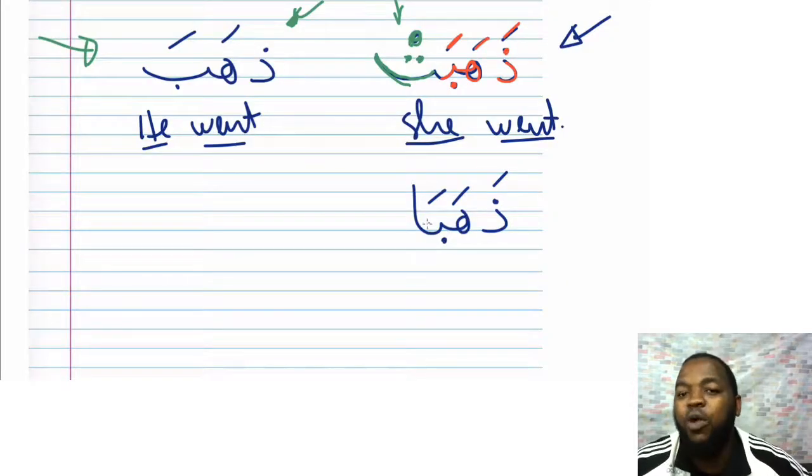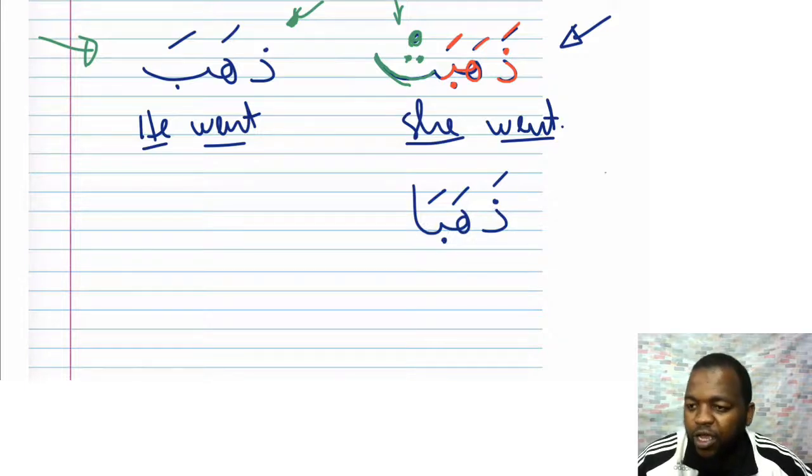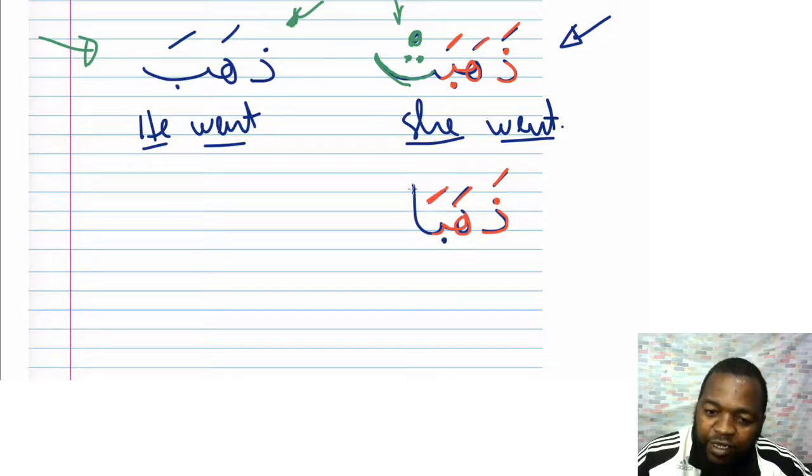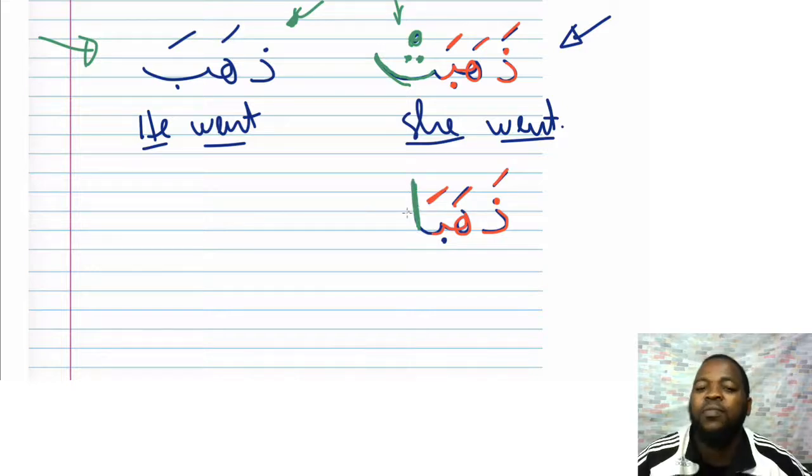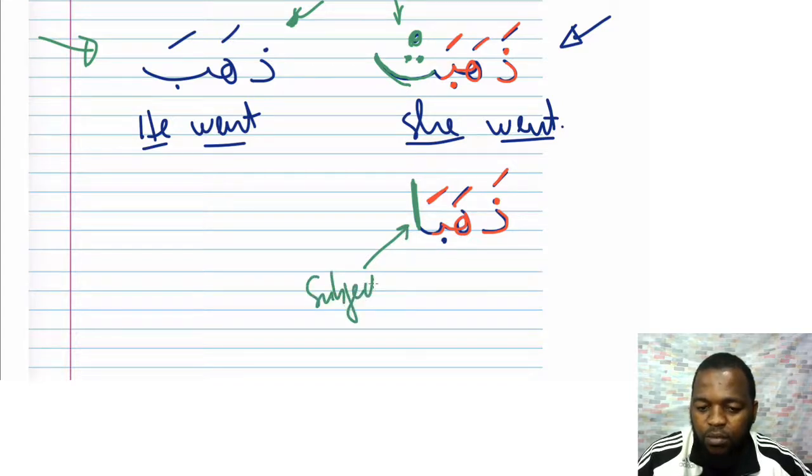Here, where is the verb? The verb is here. Dhahaba. And where is the subject? The subject is here. It's no longer hidden. It's this alif here. This alif is the subject, and this is the verb.